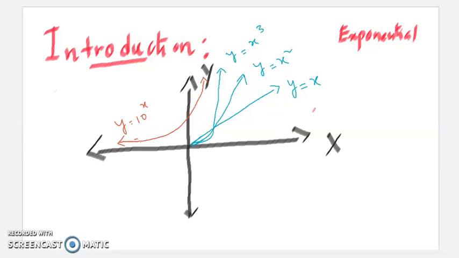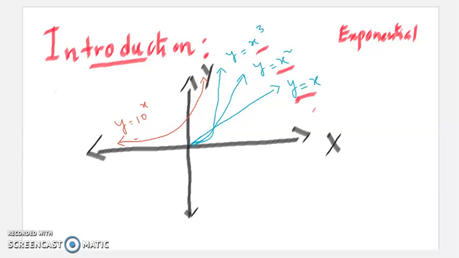Observe the xy plane here. There are totally 4 curves. 3 are in blue color and 1 is in red color. Do these 3 blue color curves represent the exponentials or not?